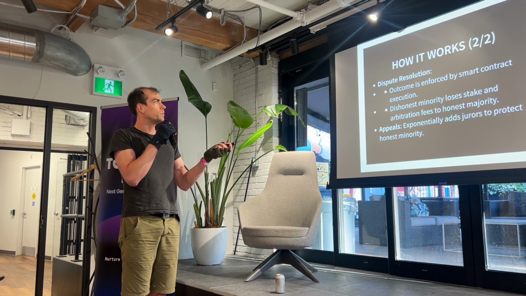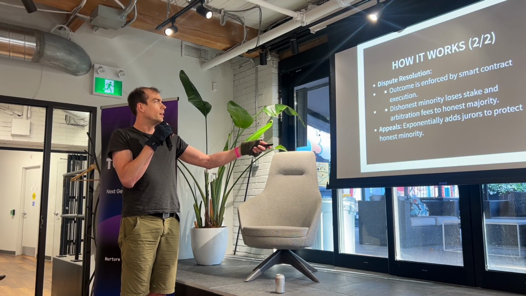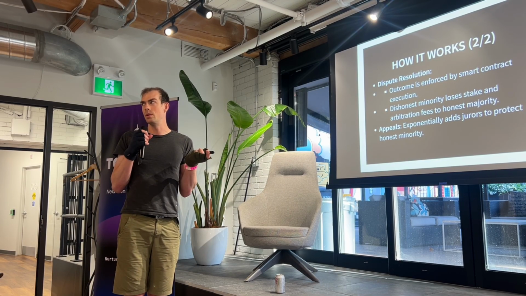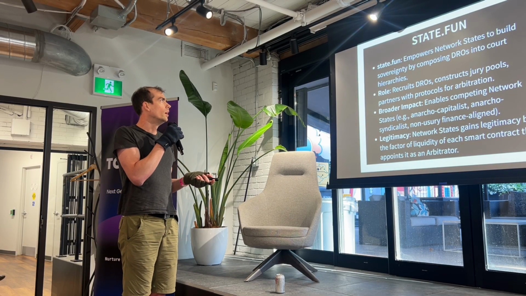Outcomes are enforced by smart contract execution. The dishonest minority forfeits their stake in arbitration fees to the honest majority. You might be wondering, what if there's an honest minority and then there are exponential appeals, and you could appeal all the way up the court hierarchy to a Supreme Court.